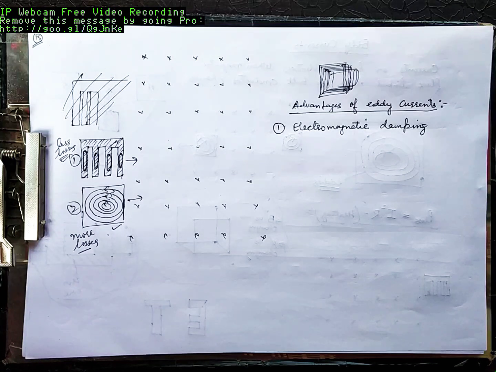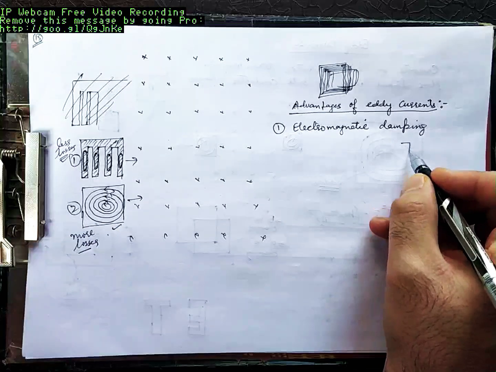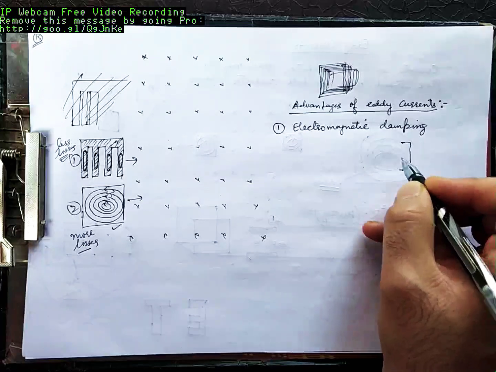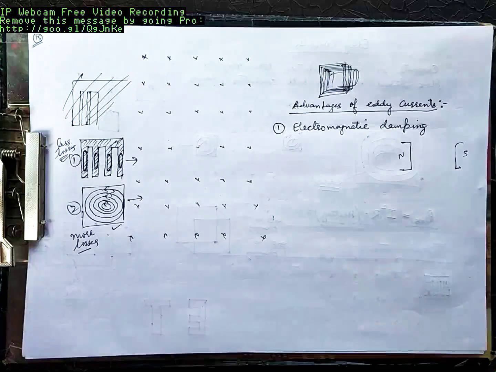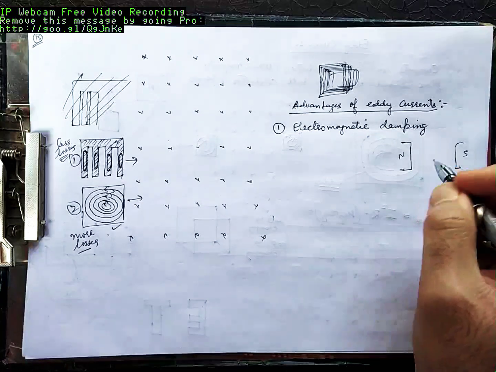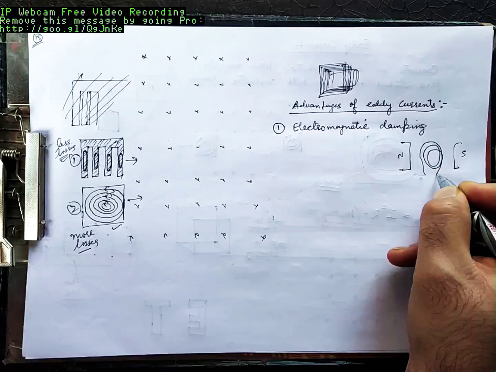If you remember, what was a galvanometer? A galvanometer basically consists of a magnetic field, north and south pole, and in that north and south pole we had a coil.